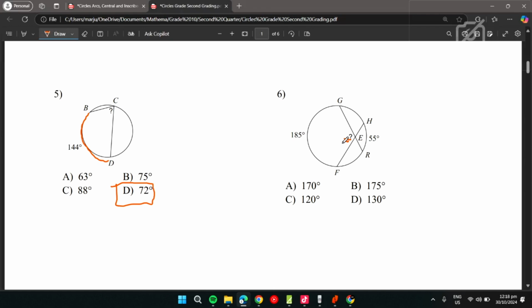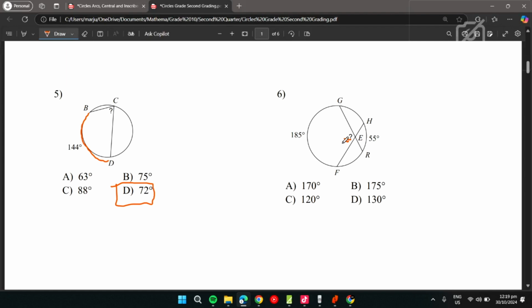Ano yung measurement ng angle na yan? According to Happy, that's 120. According to Eric John, 120. What about the others? Alright, 120.